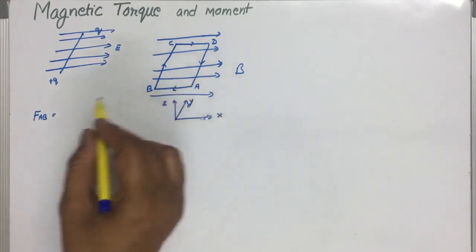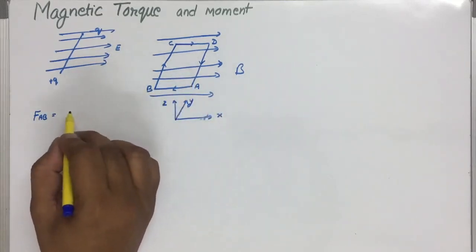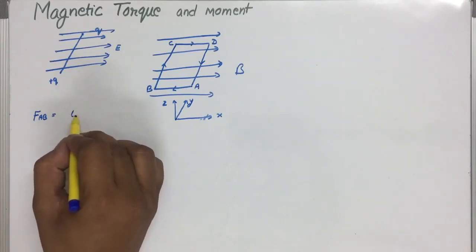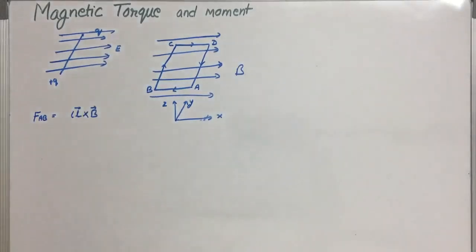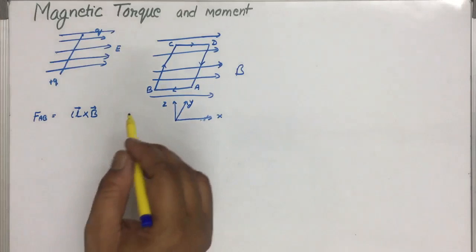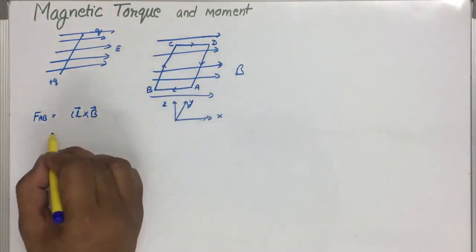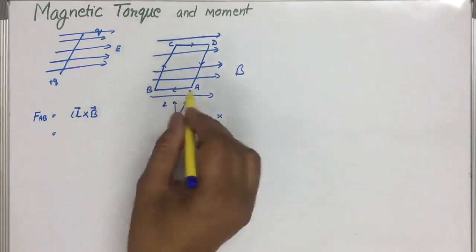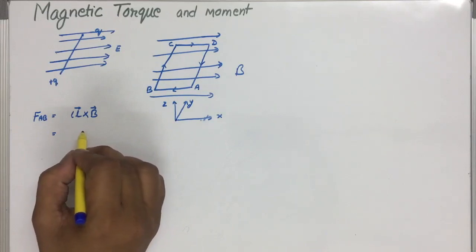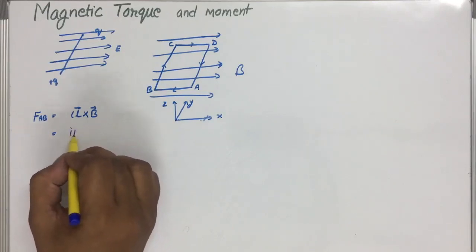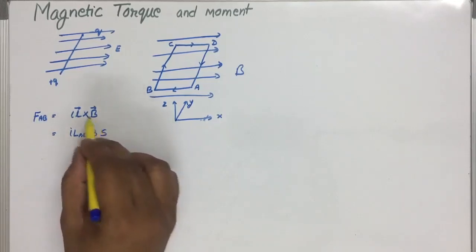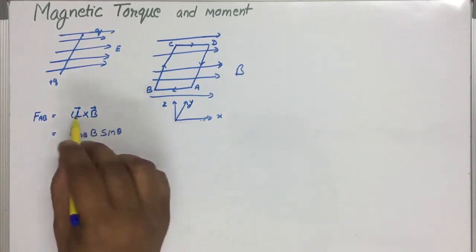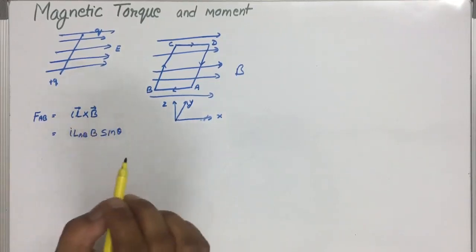at this part of the loop, force AB will be, we know, IDL or IL cross B. The current flowing in this loop is I, the length of the part is AB, and the cross product with B will give you sine theta. Theta is the angle between this and this.